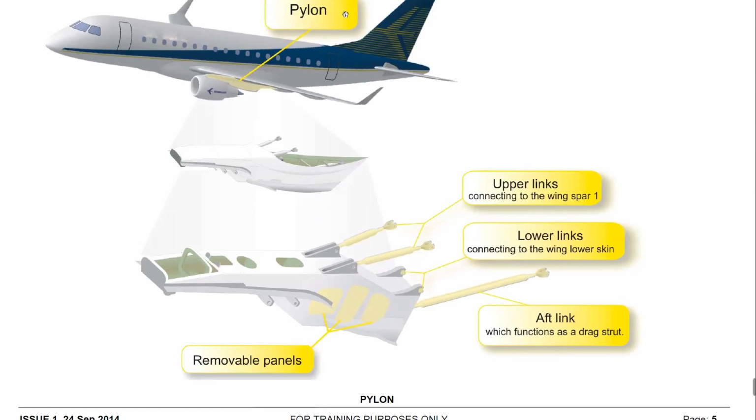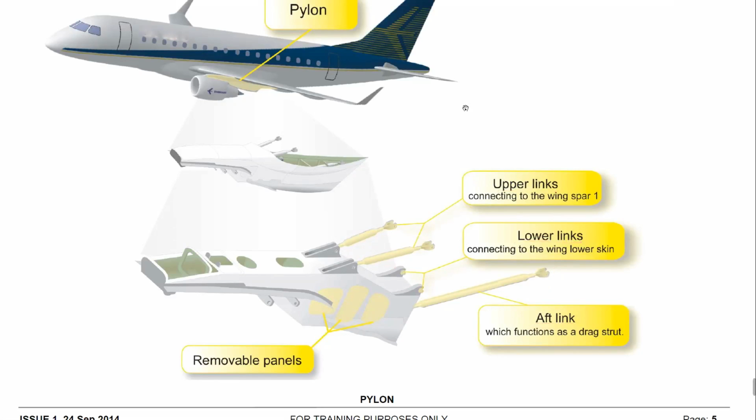So what we have? We have upper links, lower links, and aft links. The upper links are connected to wing spar number 1. The lower links are connected to the wing lower skin here, and the aft links play like a drag strut.